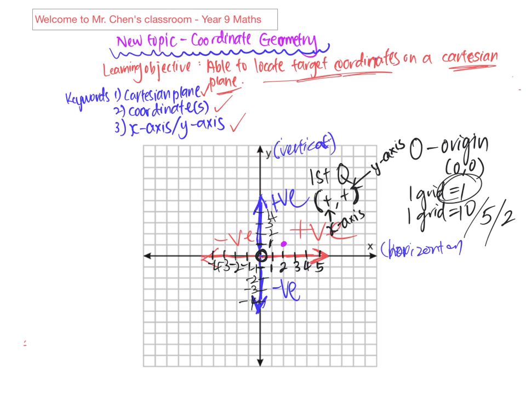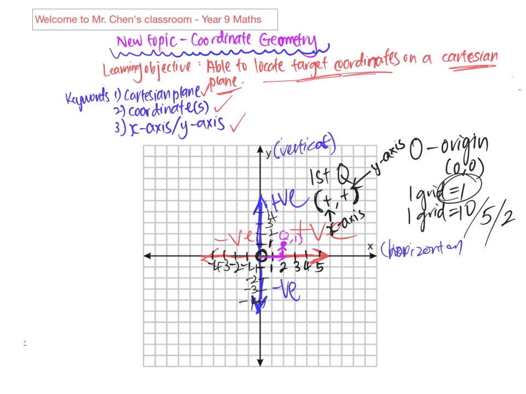In this case, it's on the right-hand side of the origin, so go to 2, and then go up by 1. So the coordinates of this purple dot are 2 and 1.